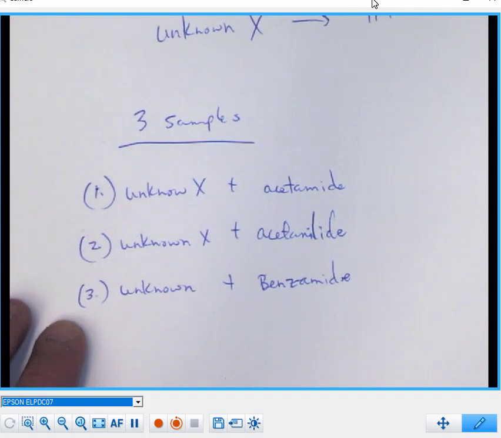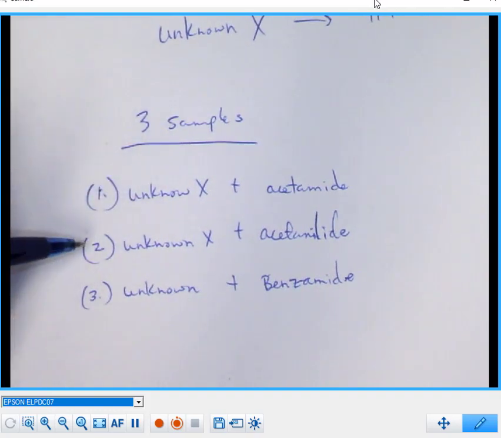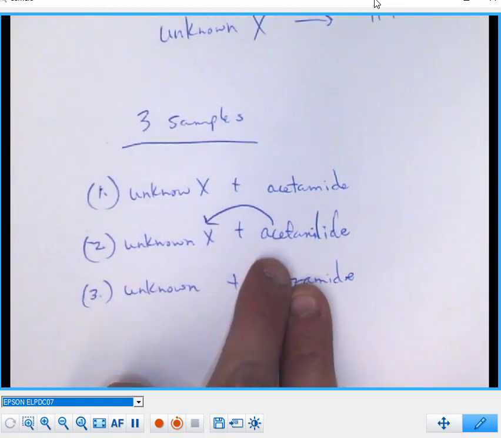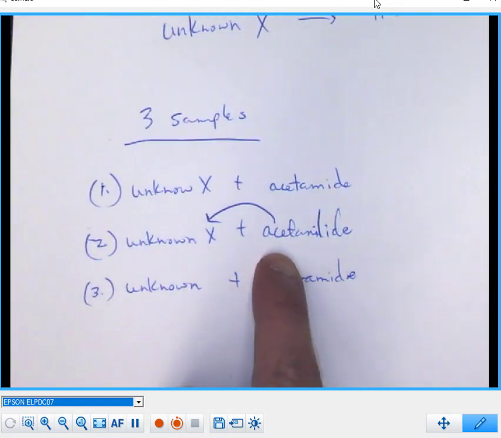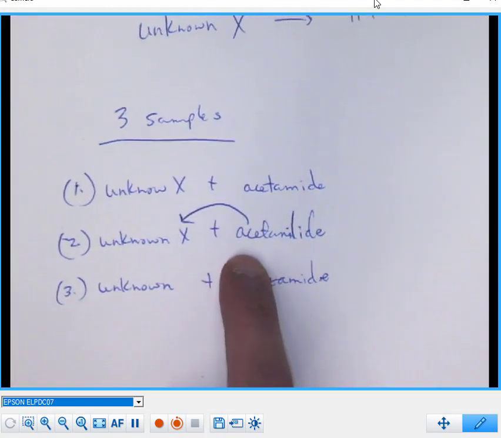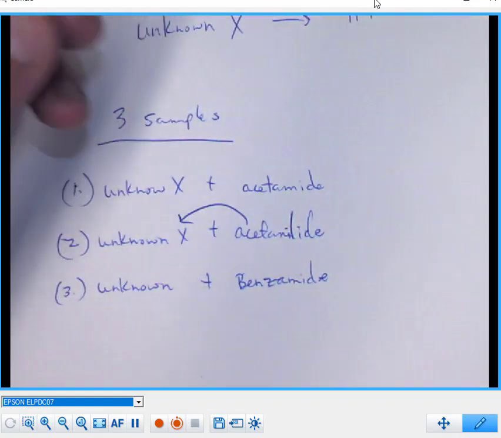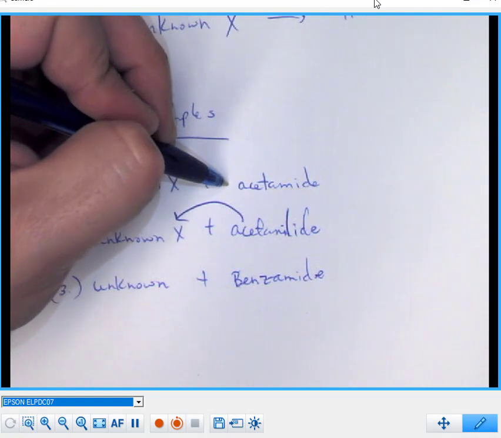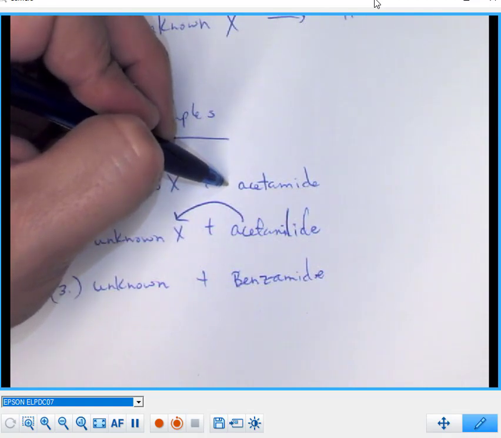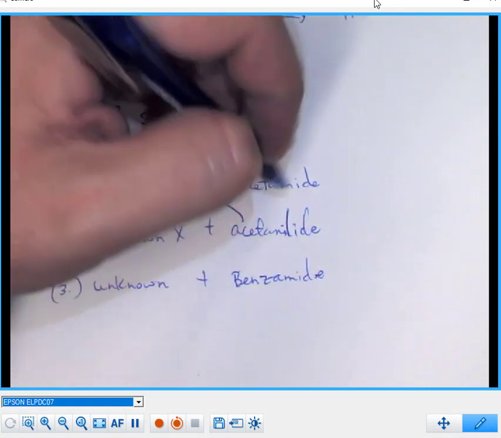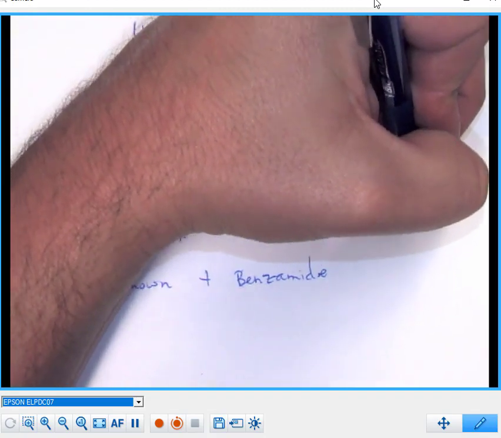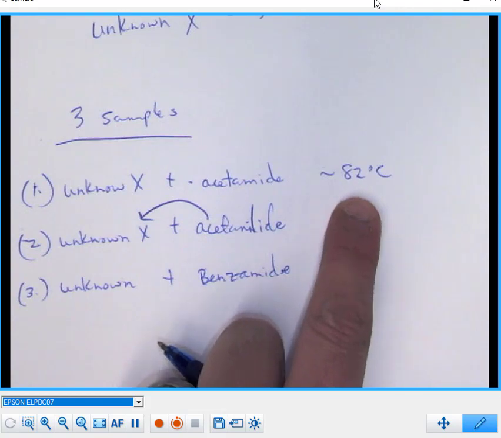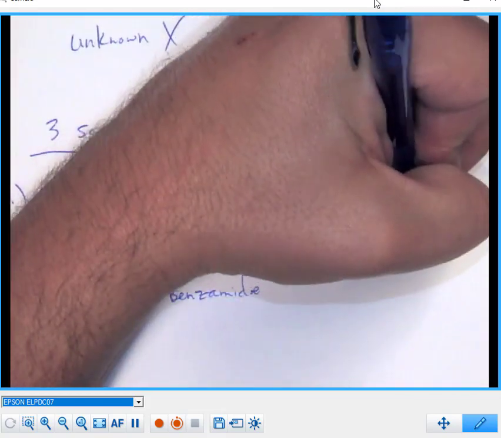All right, so this would be my 3 samples. And so what I should see if unknown X actually is this, right? If unknown X and acetanilide are the same thing, what I would see at roughly, so let's say, acetamide melts at 82. So at about 82 degrees C, for this sample, I would see a solid and a liquid.